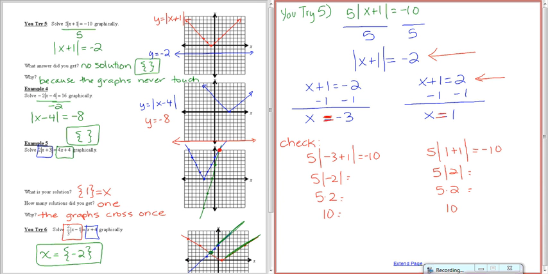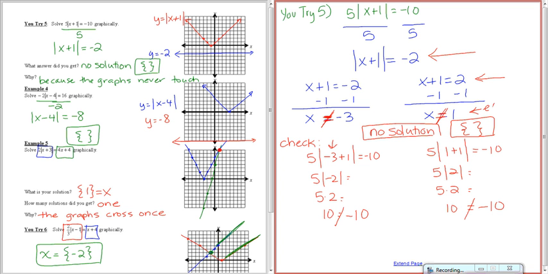The problem with both of these solutions is that when I go to check them, I plug into my original equation, work myself down, and I wind up with 10 equals -10 as a final answer. That equation is not true for either solution, so both of these are going to get crossed out, and I need to write no solution as my answer. Again, I can put that in words, or I can do the curly brackets with nothing inside them.